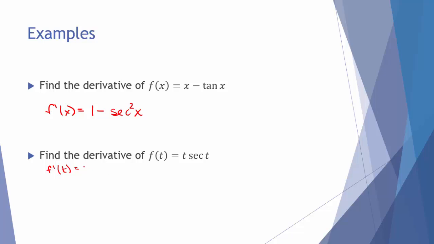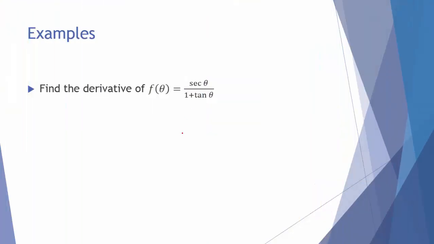So we can take t times the derivative of secant t, which we just said on the last slide is secant t times tangent t, plus the derivative of t, which is 1, times the second function, which is secant t. You can factor out a secant t, but it's not absolutely necessary for this particular problem. So I'll just rewrite it as t secant t tangent t plus secant t. If you want to factor it out, that's fine.